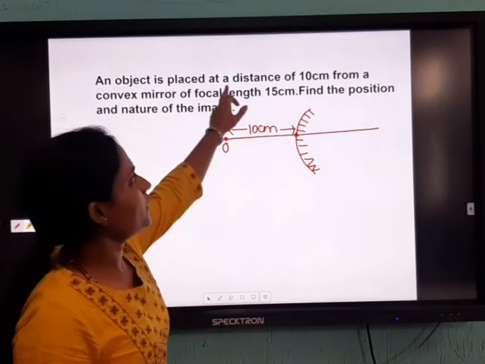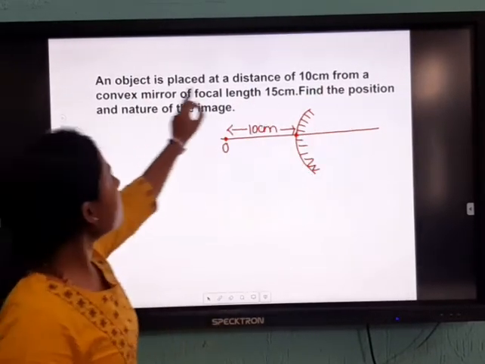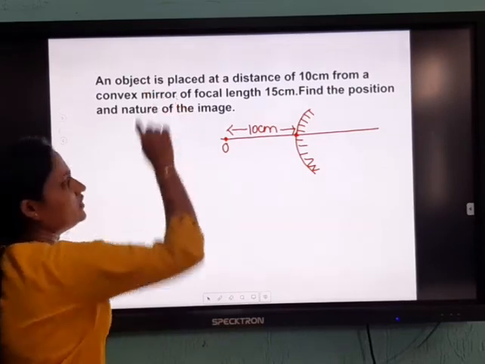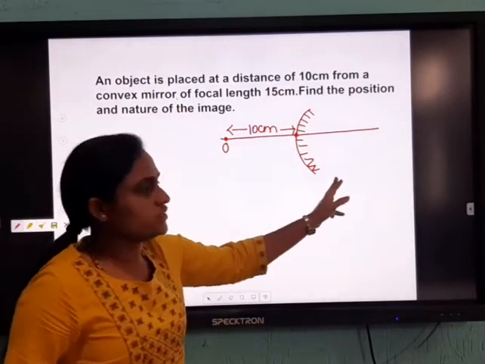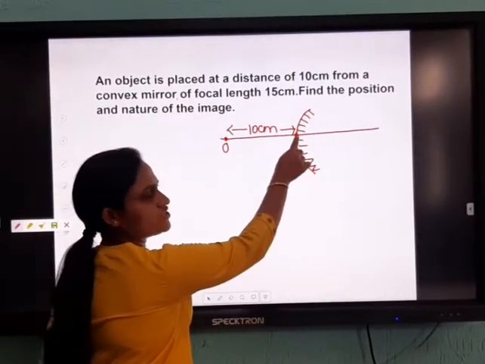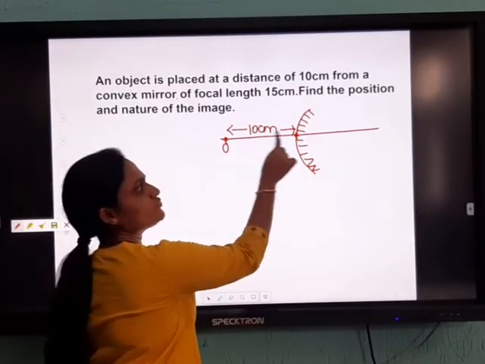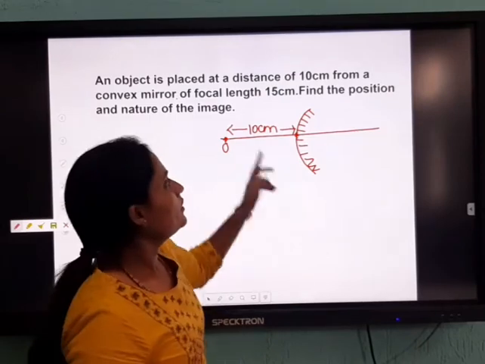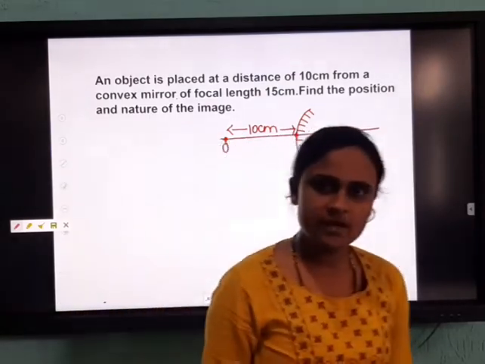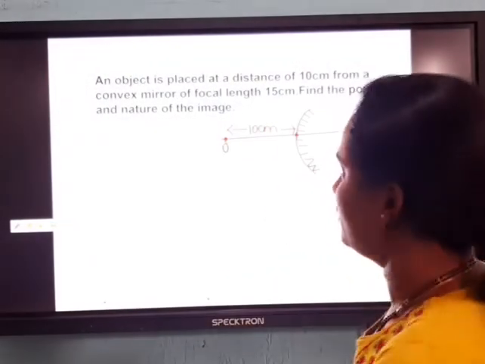Object is placed at a distance of 10 centimeter from a convex mirror, always towards the right side of the mirror. What is the distance between the object and this origin? 10 centimeter. Clear? Now we will continue the question.